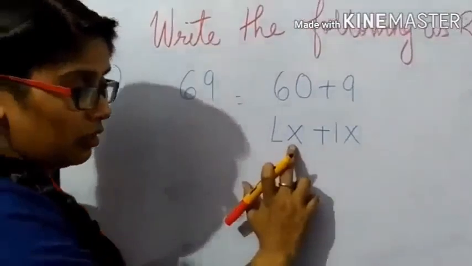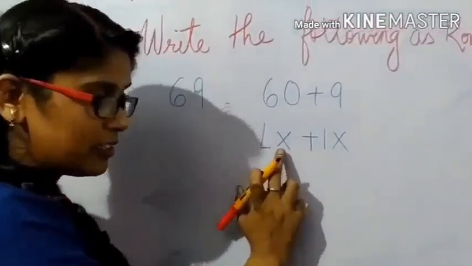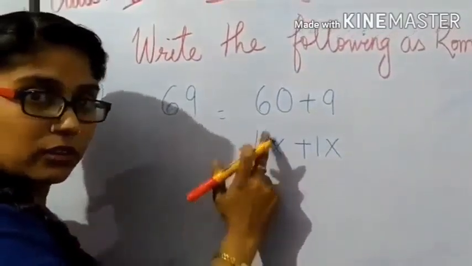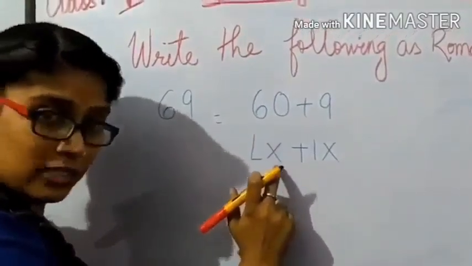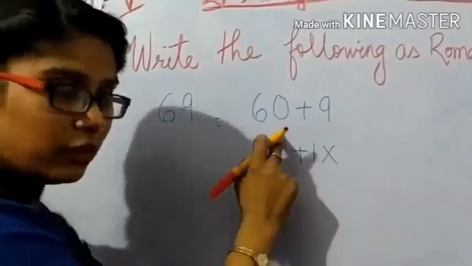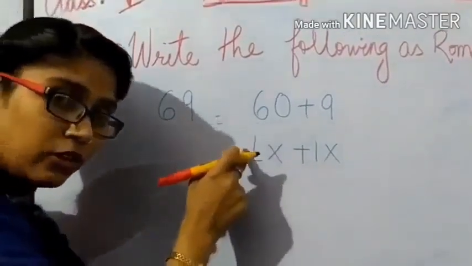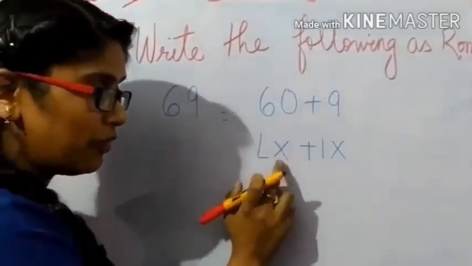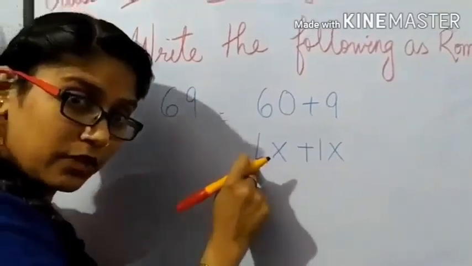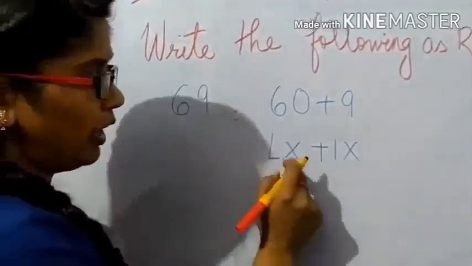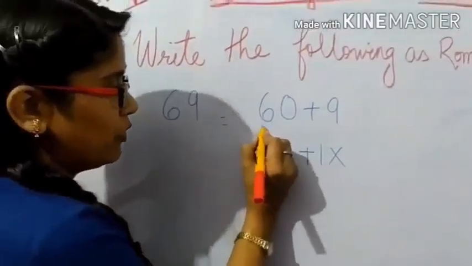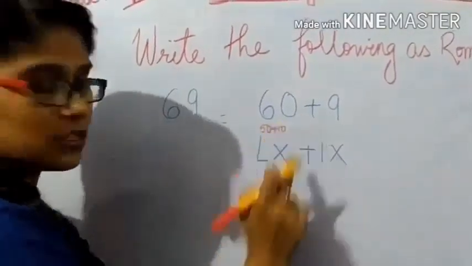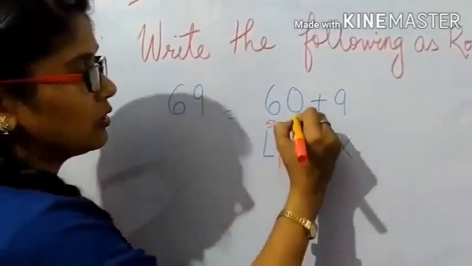If a letter is standing on the right side of the given letter, since it has smaller value, it is standing on the right side of the greater value, which is standing on the left side. So this smaller value will be added to the greater value on the left side. So LX is what? 50 plus 10. So this is your 60.